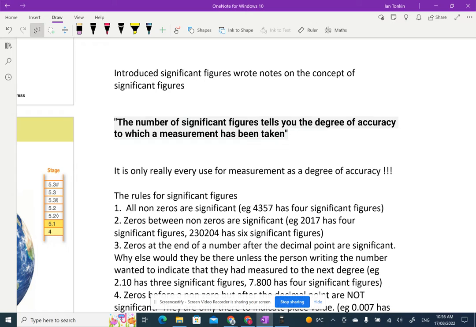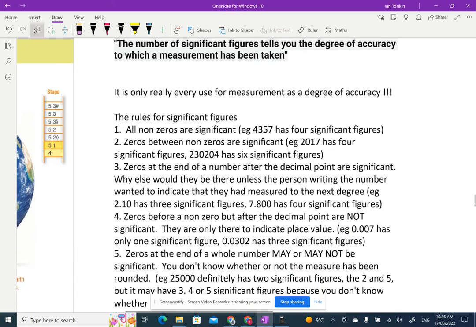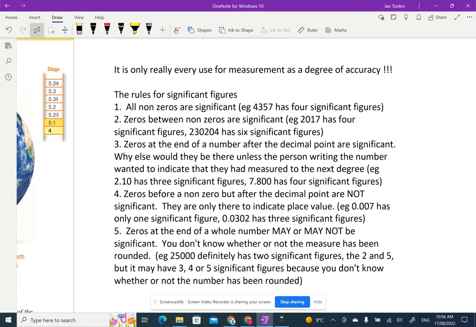But if you'd write something that's a little bit less conceptual, if you want some rules to follow, these are the rules. And the only one that you need to worry about when you're deciding whether or not a number is significant is zero. They're the only decisions you have to make. So the first rule, all non-zeros are significant.